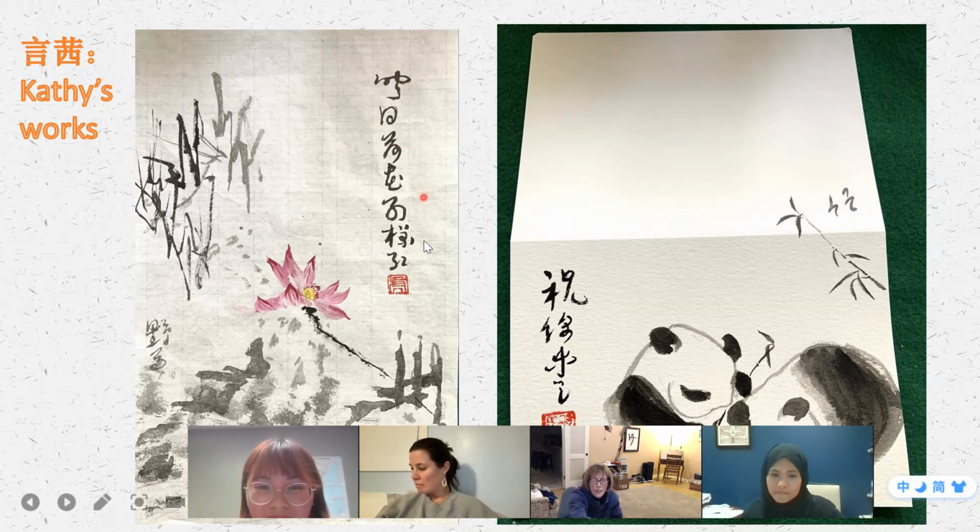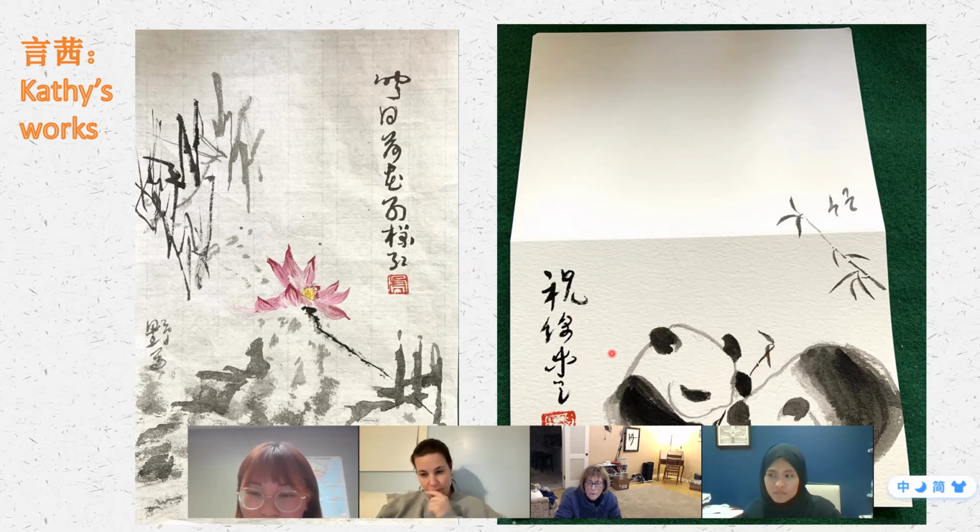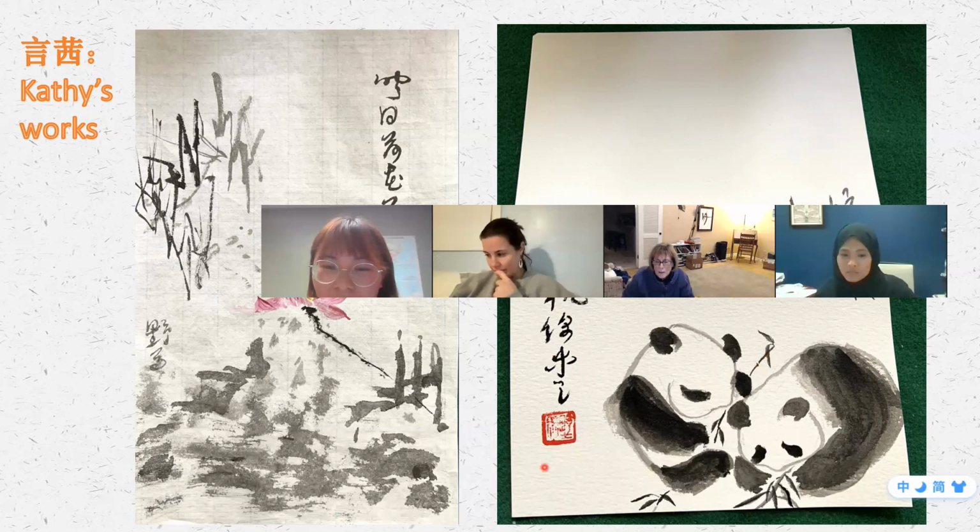And then on the left-hand side of the picture, that's my cursive wild horse. And the pandas on the back, it says bamboo, and that's in walking style. That's not running, that's walking, on the back. And then the pandas at the bottom, I can't remember because I did that a long time ago.